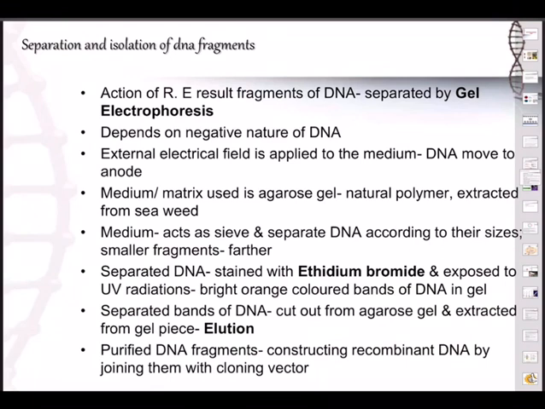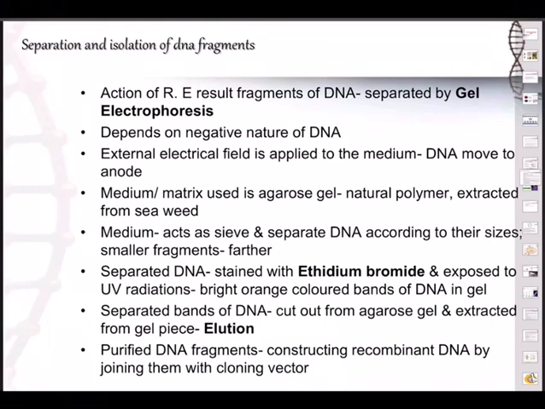In this first step, the action of restriction endonuclease results in fragments of DNA as we discussed, and these are separated by a process called gel electrophoresis. And much depends on the negative nature of DNA. An external electrical field is applied to the medium and DNA moves to the anode.